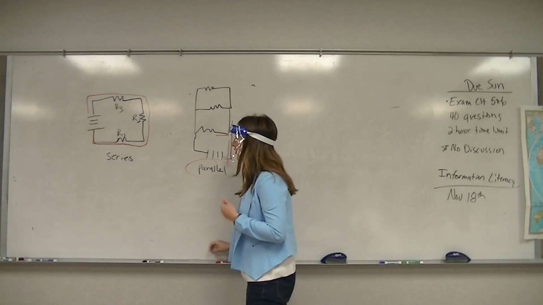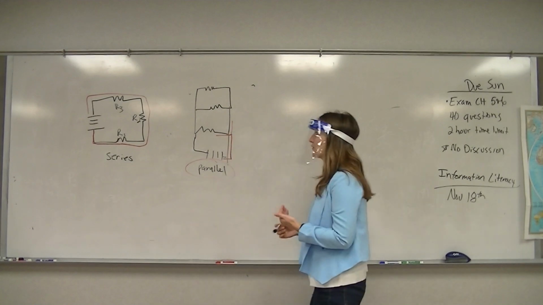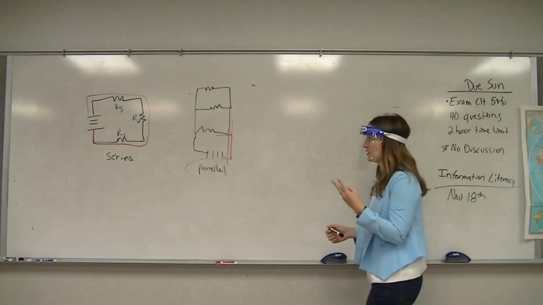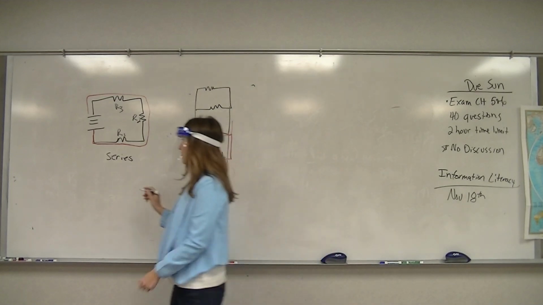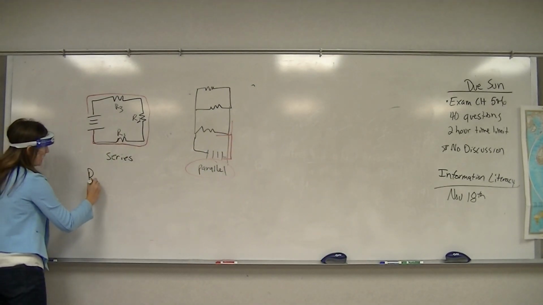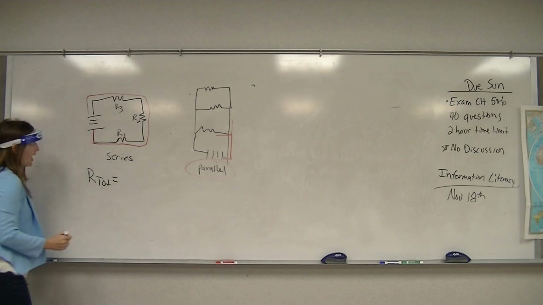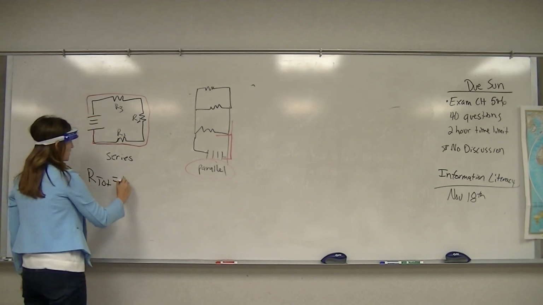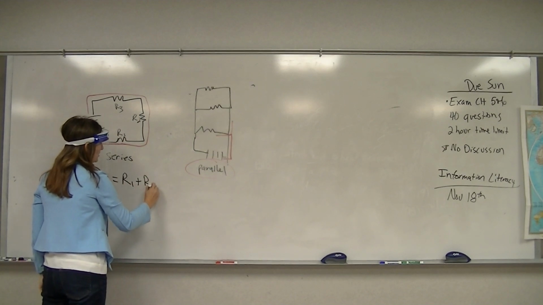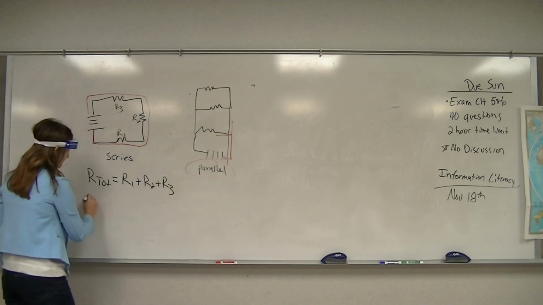Okay, so we look at our equation sheet now. When it asks for total resistance, we have two equations, one for a series, one for a parallel. So writing the series equation down, my R total, I simply add the three resistors together. So in this case, it would be R1 plus R2 plus R3.